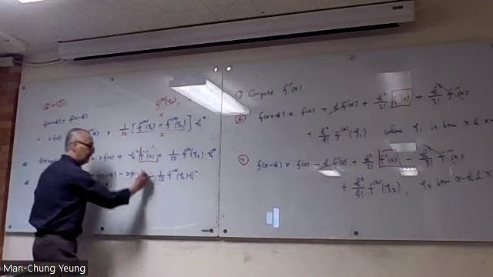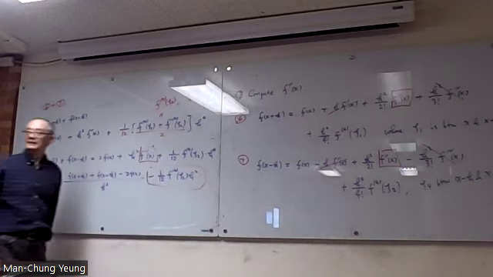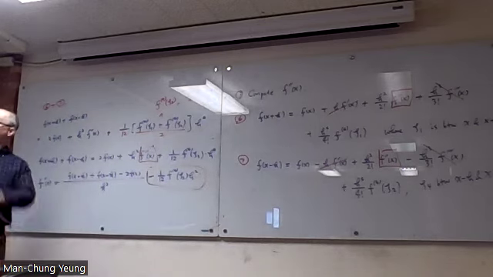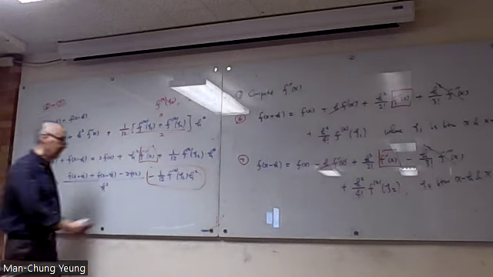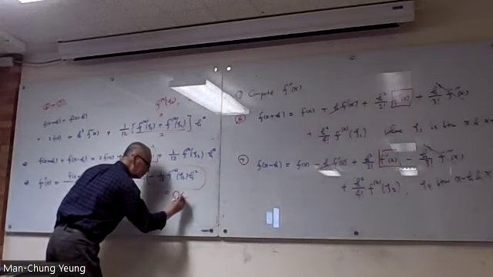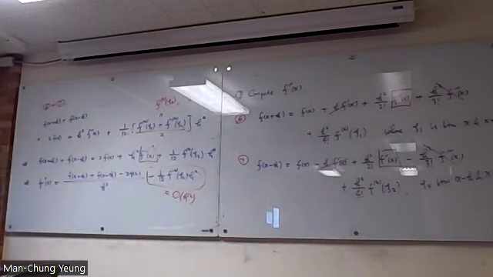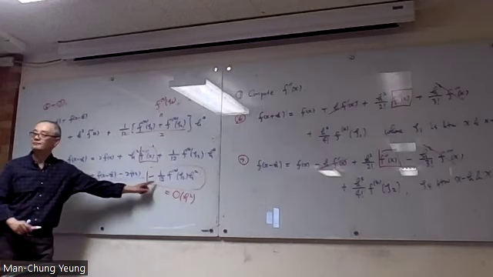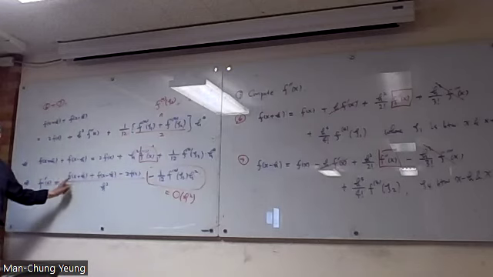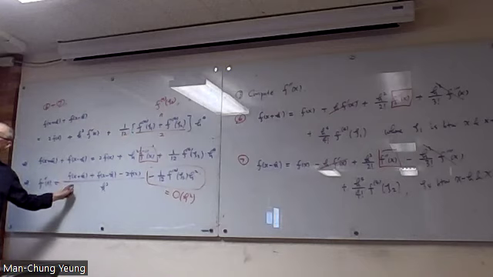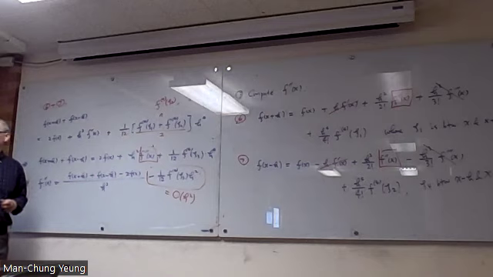This is the truncation error. The truncation error is order 2. Drop the truncation error, and we have a formula to compute the second derivative. This formula is order 2.